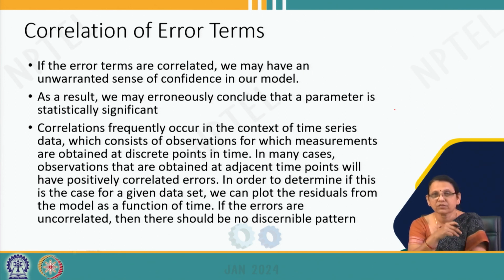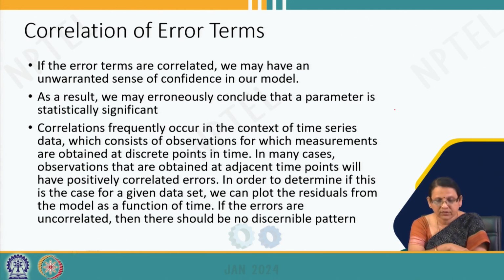There are many ways we can say whether it is a good fit or not. But with this correlation, because two variables are contributing in the same manner, this confidence will unnecessarily go up. Because our confidence will go up, we will erroneously conclude that some of the parameters are statistically significant, which may not be the case.